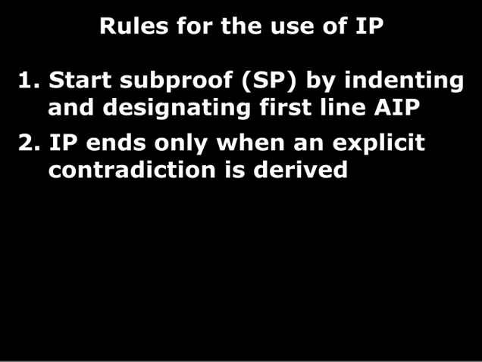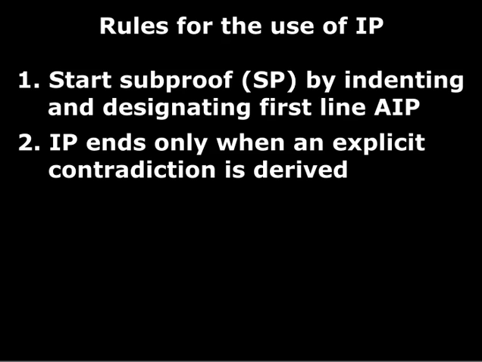It's just only going to be useful for you to end it when you manage to derive the consequent of the conditional you want. With indirect proof, by contrast, you can't end it anytime you want. It has to be an explicit contradiction. Okay, now it can be any explicit contradiction, A and not A, B and not B, some compound statement and the negation of that same compound statement.